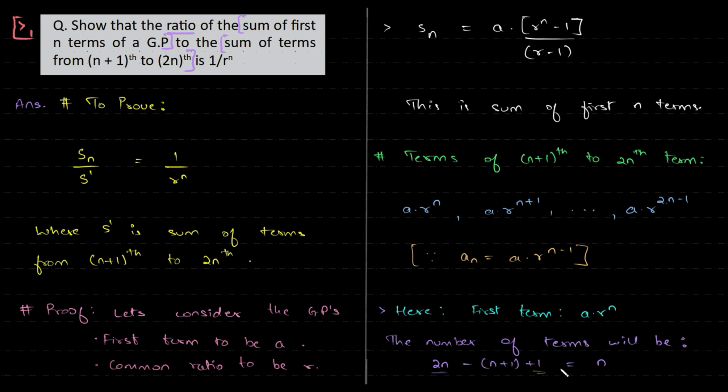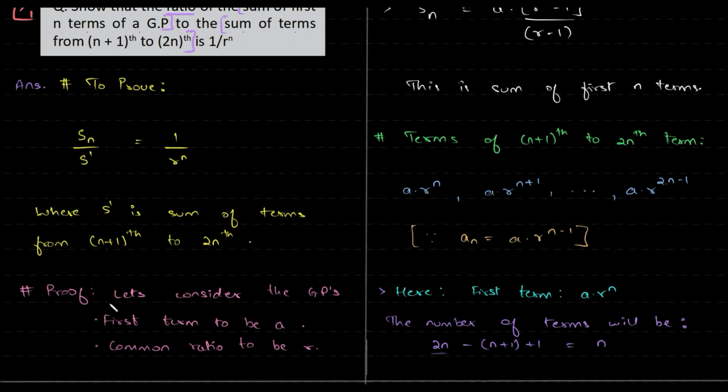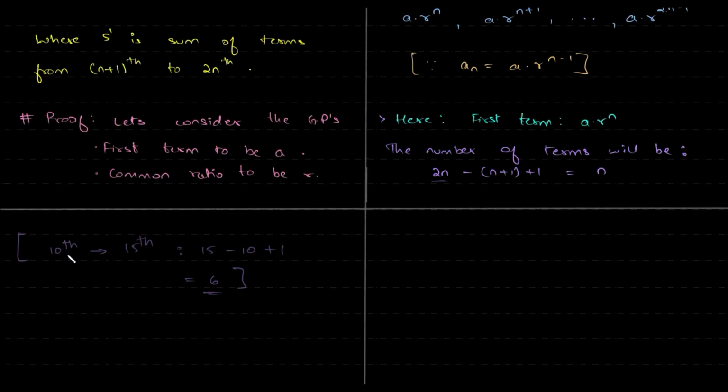And adding 1 to this entire thing will give us the total number of terms in this sequence. For example, if I want to add from 10th to 15th term, how many terms are there? 6 terms, right? You can literally count 10, 11, 12, 13, 14, 15. How will you get it?